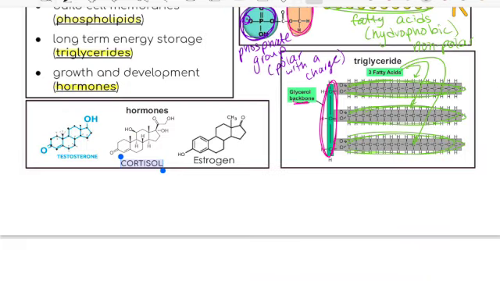Same thing with cortisol here and estrogen. There's some oxygen, but mostly carbons and hydrogens. And so we can use fatty acids to synthesize or create these hormones: testosterone, cortisol, and estrogen.